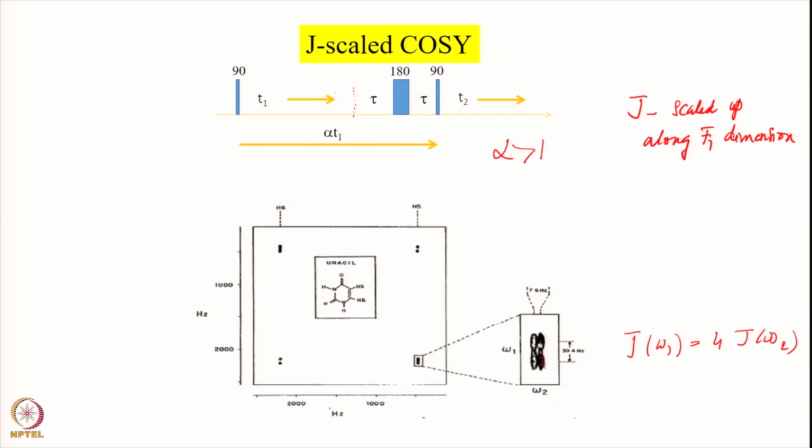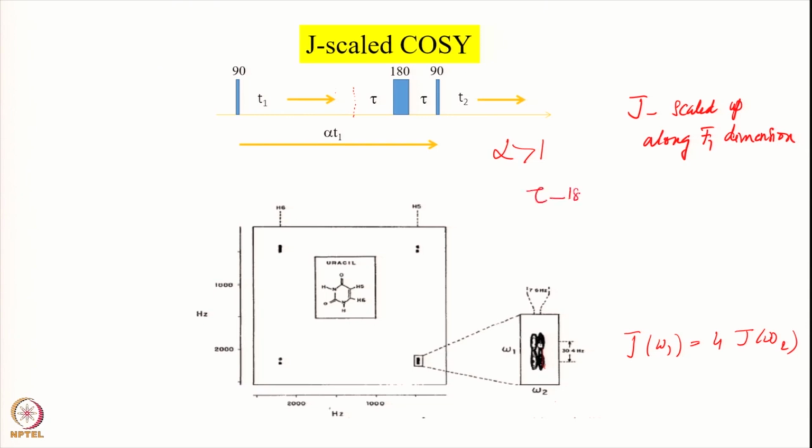So the coupling constant is evolving during the t1 period for the period alpha times t1, whereas the chemical shift is evolving only for the t1 period because the tau 180 tau refocuses chemical shift. So what it does?